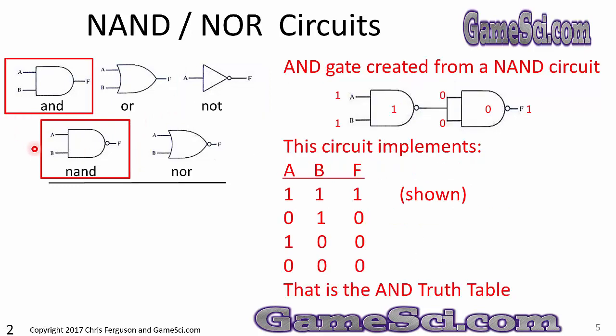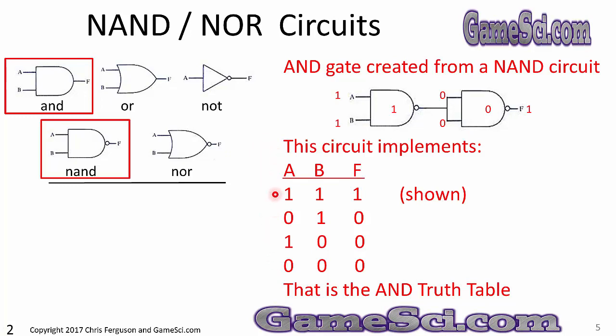Look at the red boxes. I'm going to build out of two NAND gates an AND gate. This is an AND gate created from a NAND circuit. If I put two 1s on the input, the AND would produce a 1. The NOT AND would create two 0s on this input. Two 0s on this input would produce a 0, and NOT 0 produces a 1. This circuit of NAND gates produces this truth table.